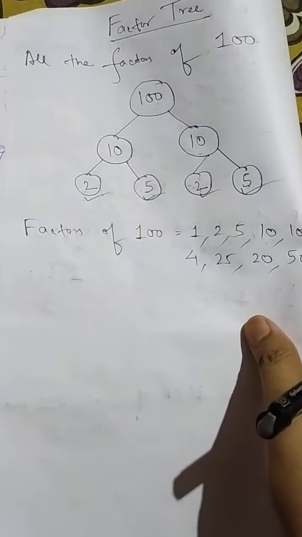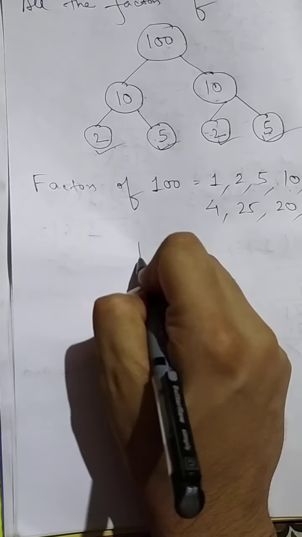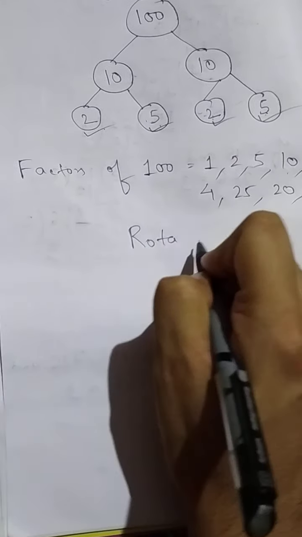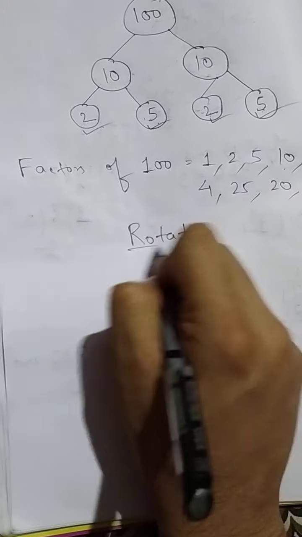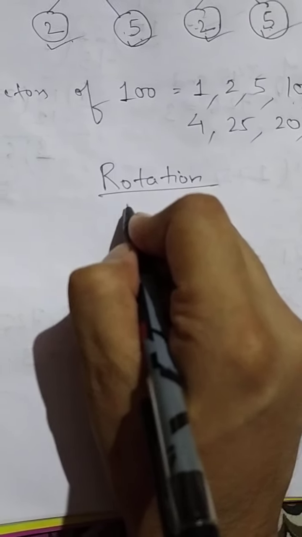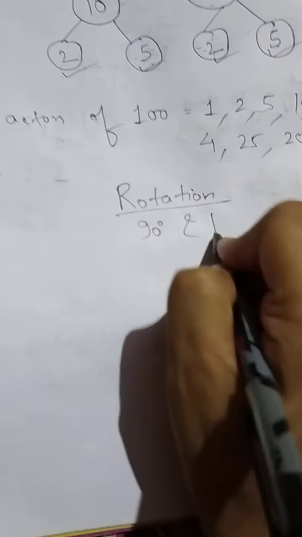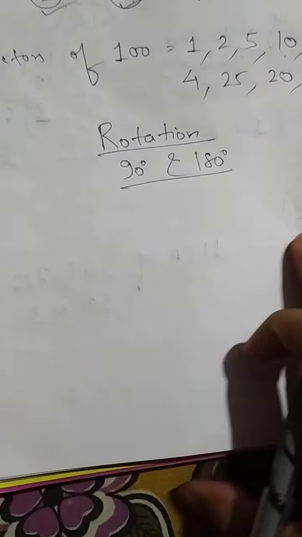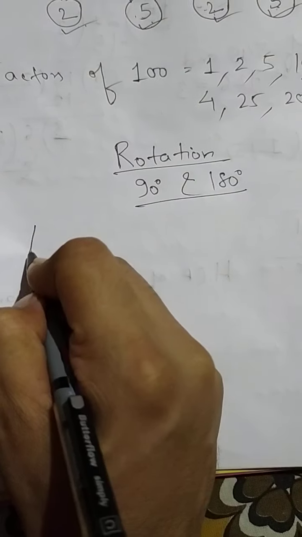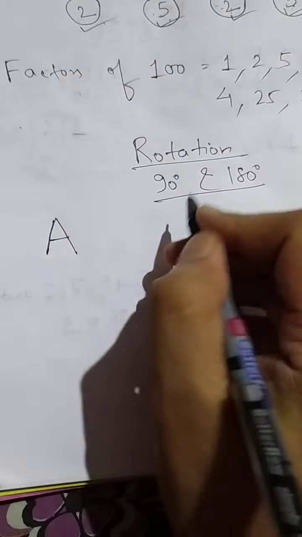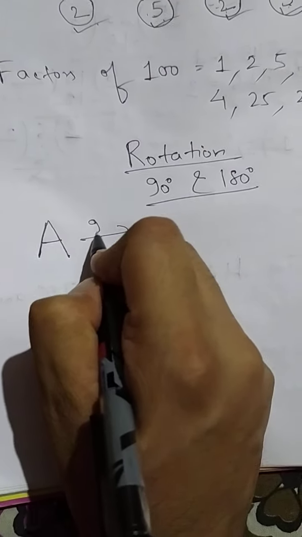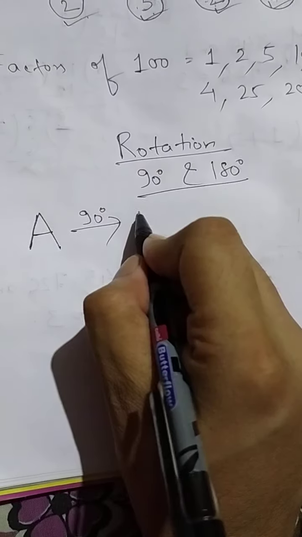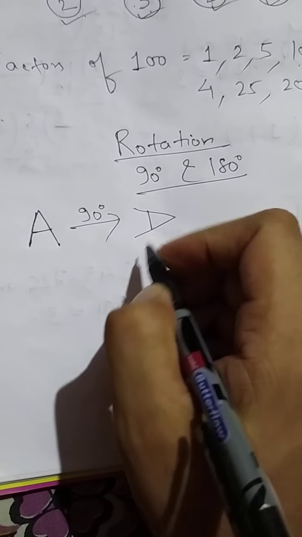Now the next one, your doubt is about rotation. Rotation by 90 degree and 180 degree. So let's take one example first. Suppose let's take A. If you rotate by 90 degree, it looks like this.